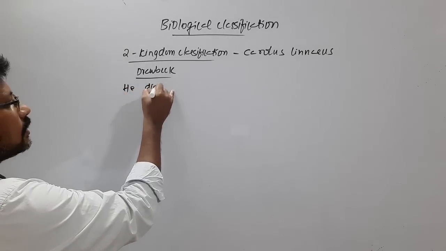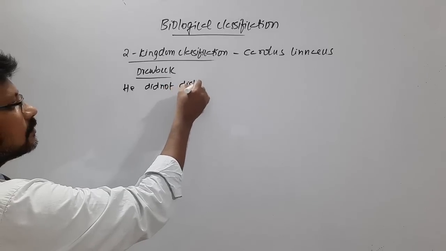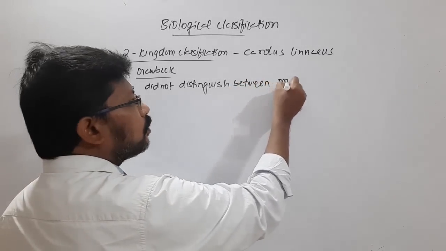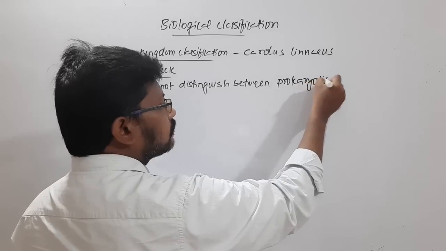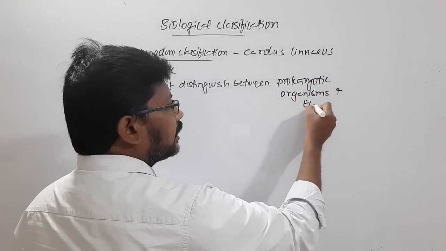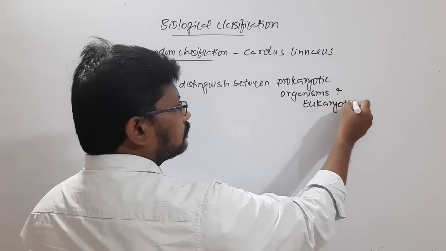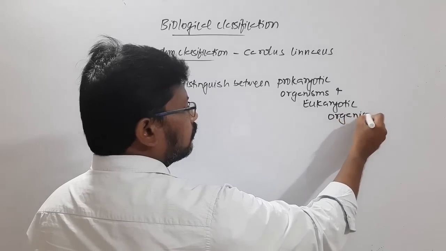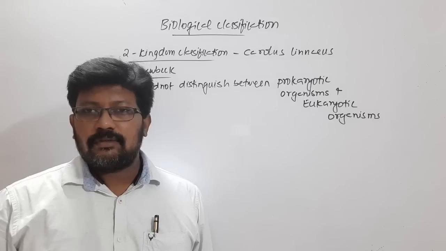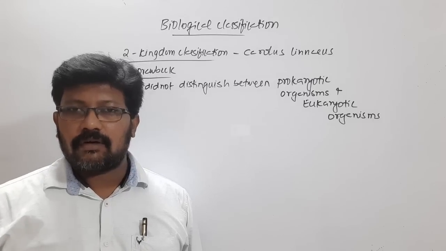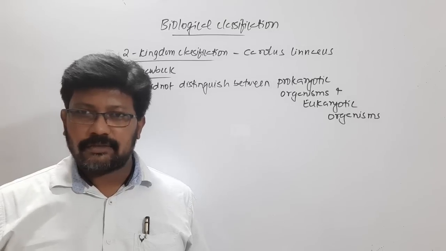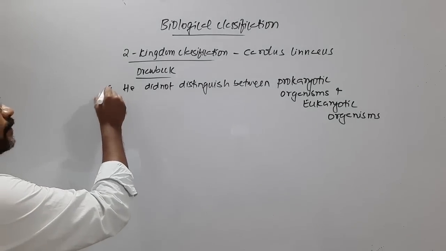He did not distinguish between prokaryotic organisms and eukaryotic organisms, right? We know prokaryotic organisms are the ones that don't have a nucleus, and eukaryotic organisms have a nucleus. So he did not differentiate between these two. So that is one drawback.